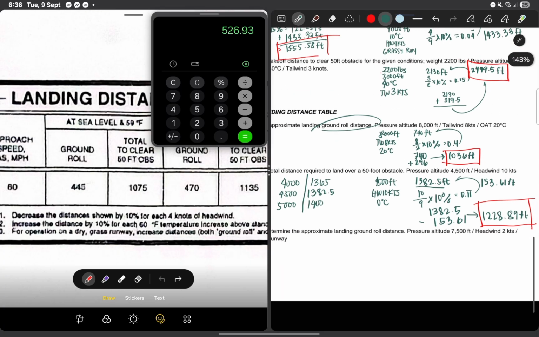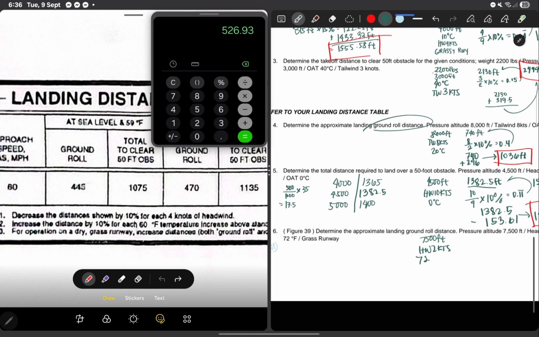Let's get our pressure altitude of 7,500 feet, headwind of 2 knots, and 72 degrees Fahrenheit on a grass runway.